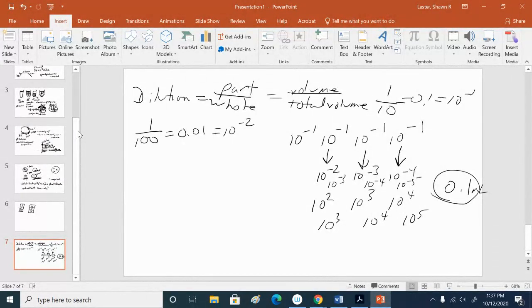But if you're using less than that, like 0.1, you have to factor that into the final calculation. And I think the easy way to do that is just to multiply 0.1, which is the same as 10 to the negative 1, times all of these dilutions. And that's how we get 10 to the negative 3, negative 4, negative 5. And then the positive exponent, right?